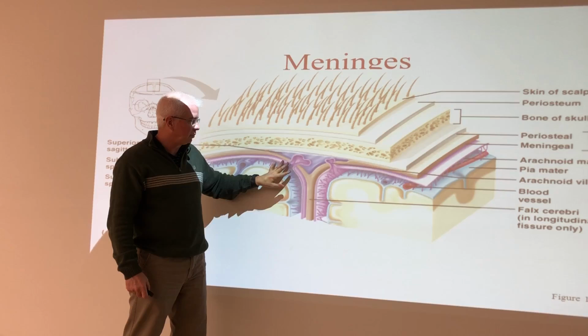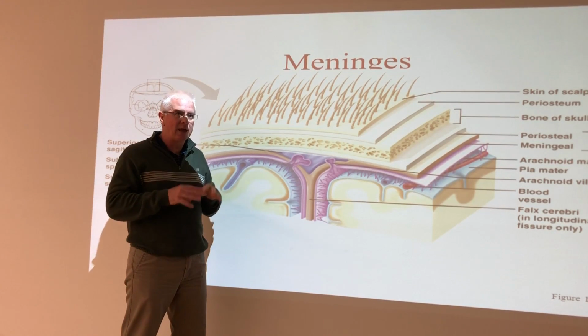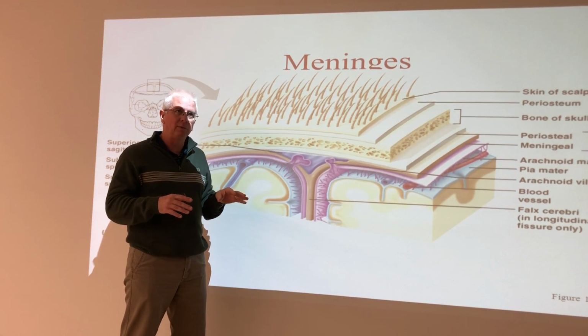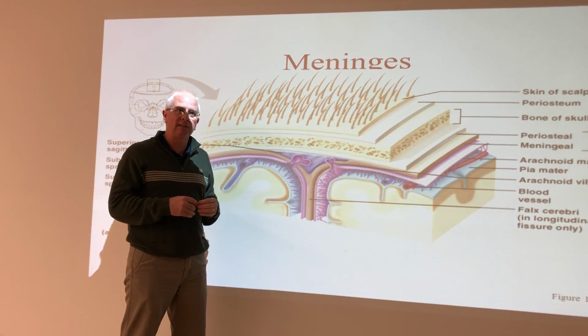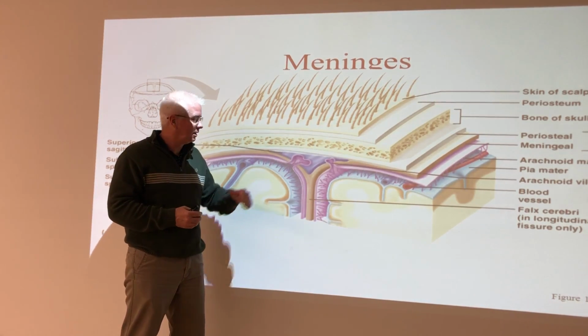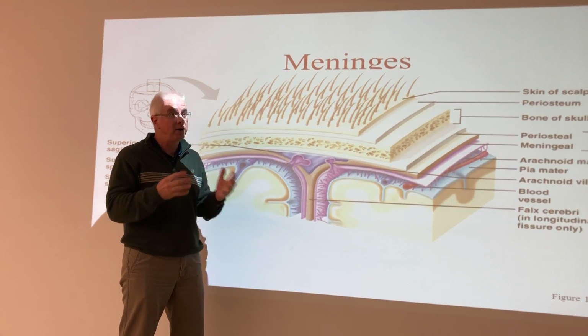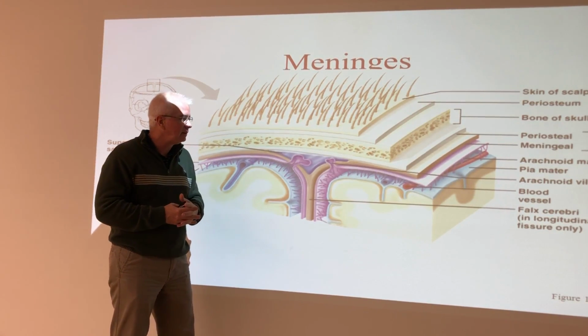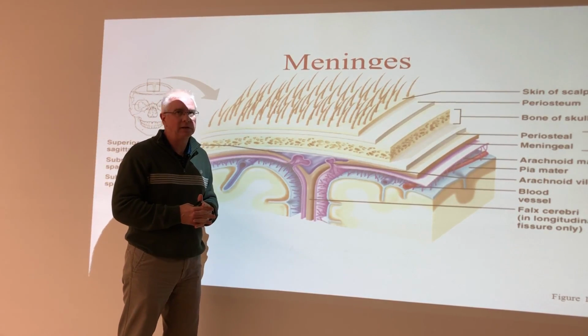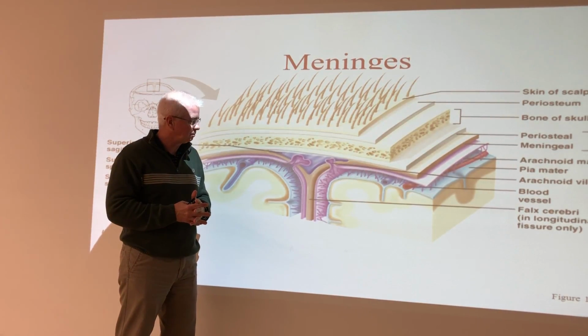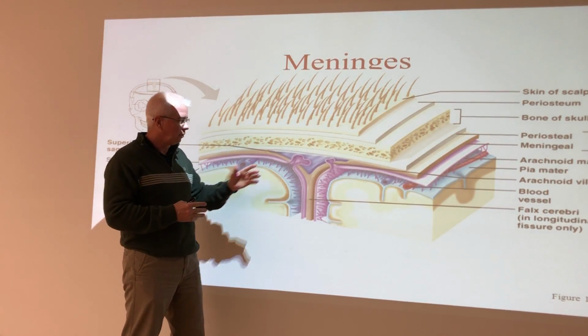These little arachnoid villi protrude into these venous sinuses, and they are an outlet for cerebrospinal fluid. Much of the drainage of the CSF in the nervous system passes into the venous sinuses between the periosteal and meningeal dura. Very important. Can't be blocking these things up. You get major brain swelling here when this happens. Okay, so the arachnoid villi.